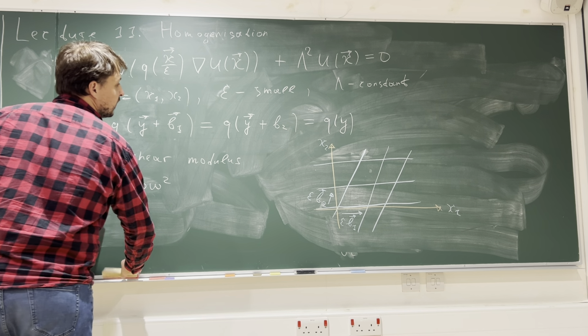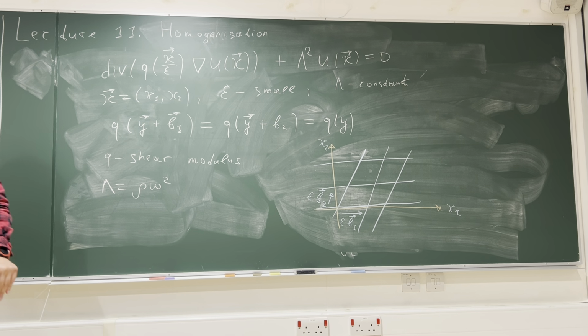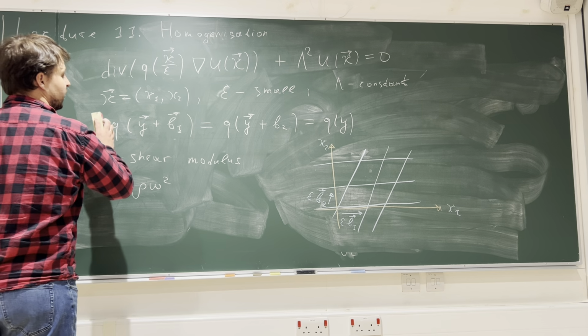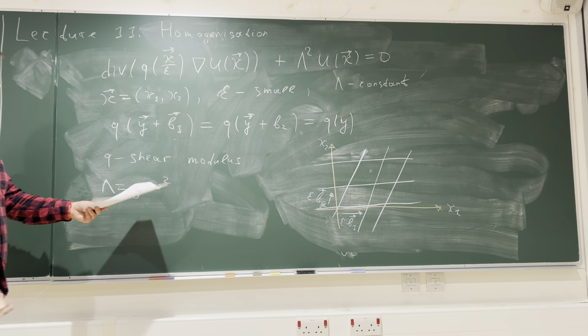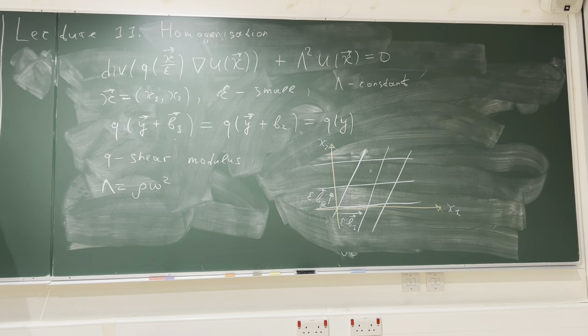Okay, that's the statement. Are you fine with it? Because I understand it's a bit specific, but that's what we have. And of course it has a direct connection to metamaterials. So you define y with respect to the small variable, right?